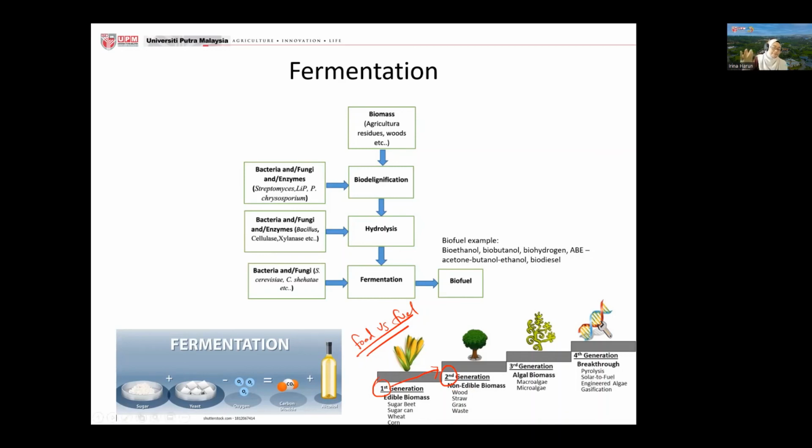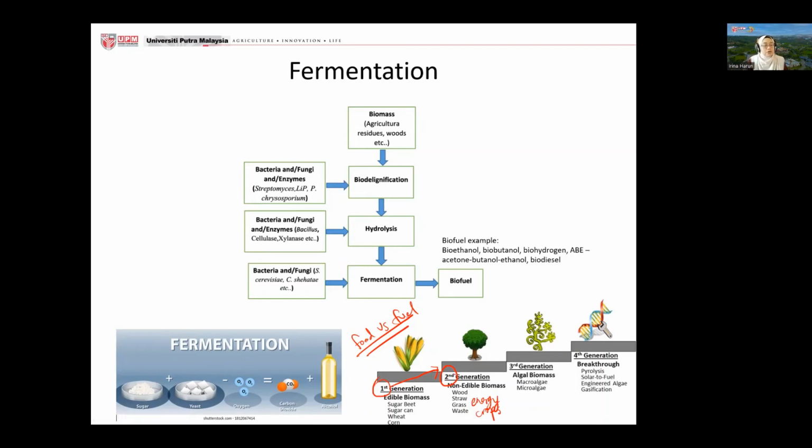This is what I mentioned before when we talked about waste. We want to use something that is wasted, that before, maybe you just left it there or you had to treat it. But now, with advances in technology, you can actually use those types of biomass to produce fuel. This uses things like wood, straw, grass, waste, and even energy crops.